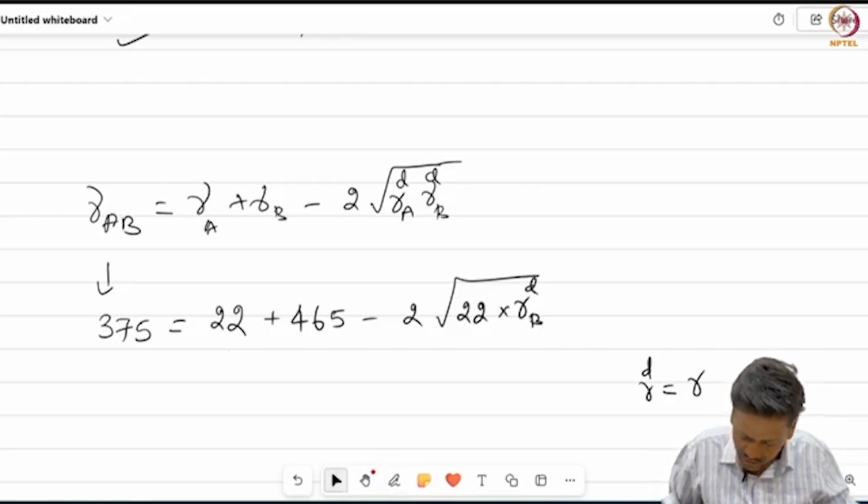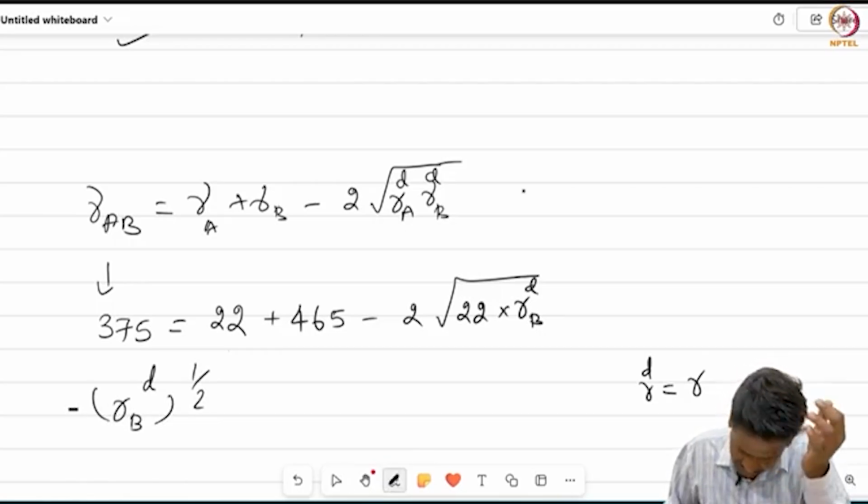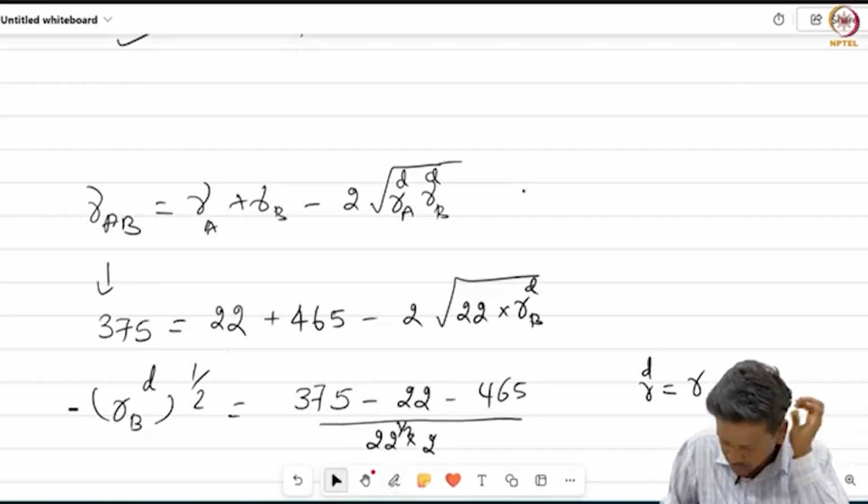So gamma B D is 375 minus 22 minus 465 divided by 22 to the power 1 by 2 into 2.